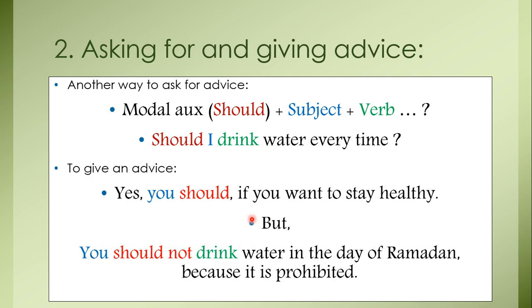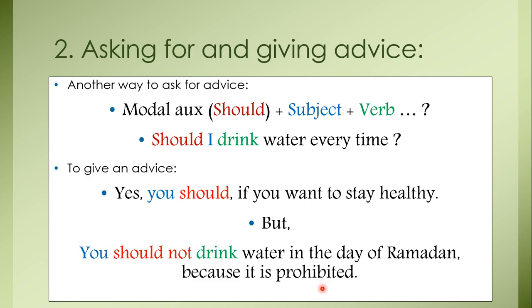Or we use the second way to give advice, which is the negation. Here we have the affirmative form, and here we have the negative form. For example, you should not drink water in the day of Ramadan because it is prohibited.